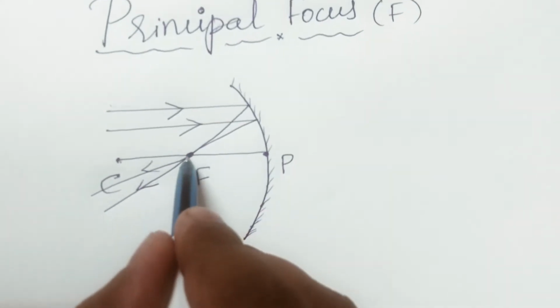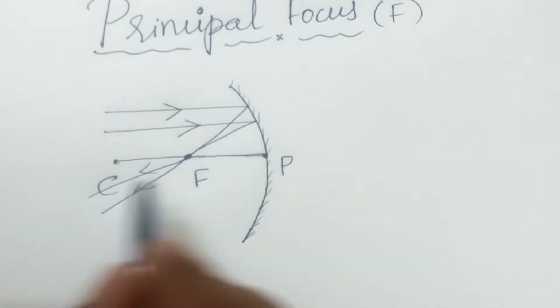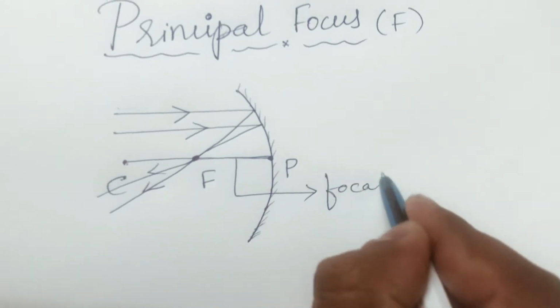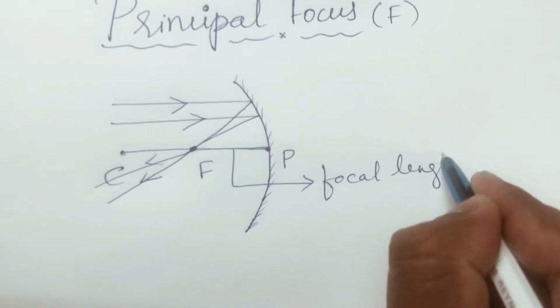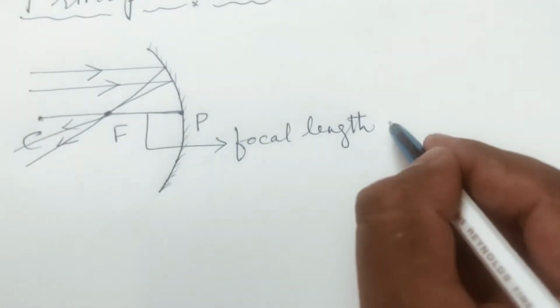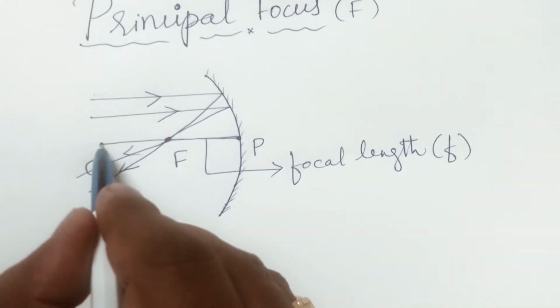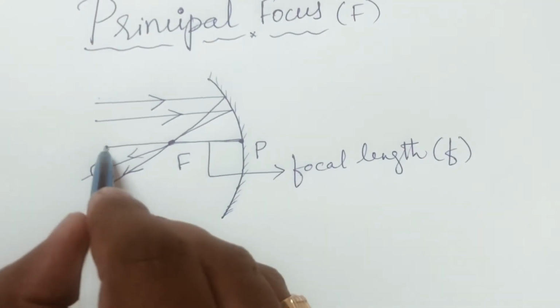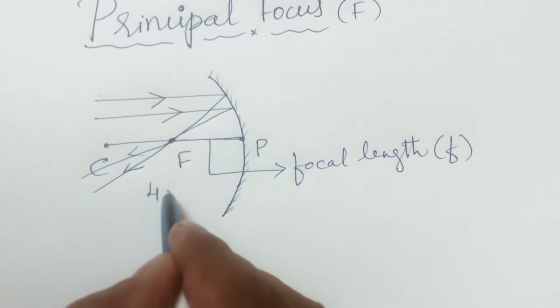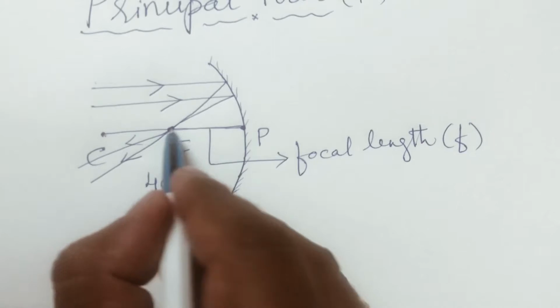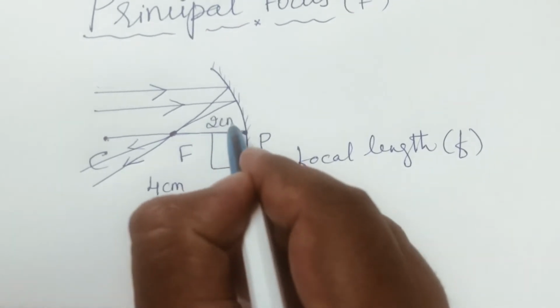The distance between F and P is considered the focal length. It is represented with a small f. Just imagine P to C is 4 centimeter, then P to F is 2 centimeter.